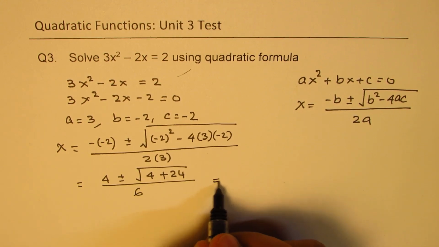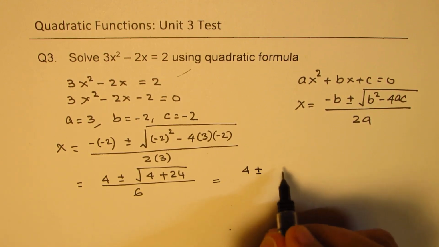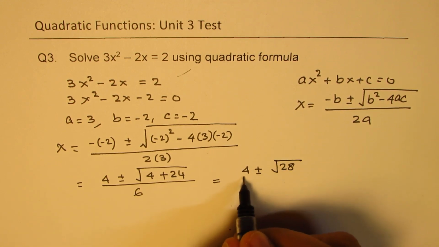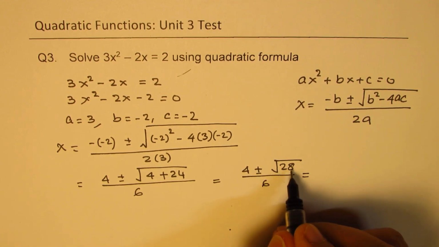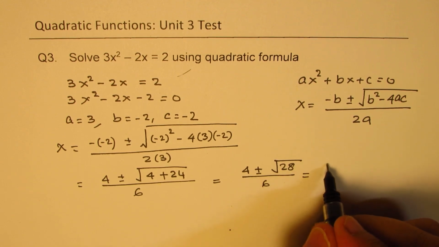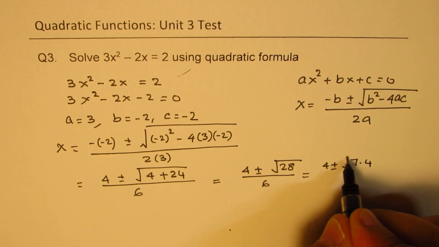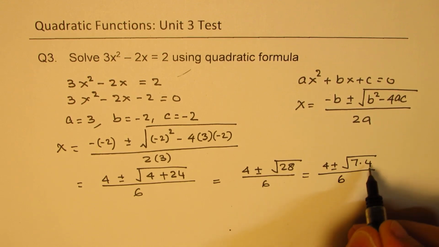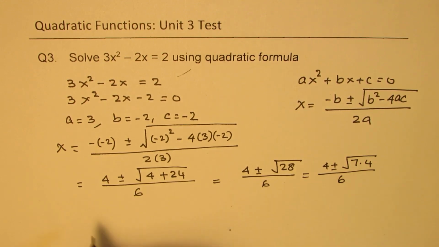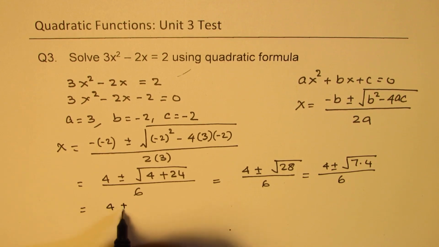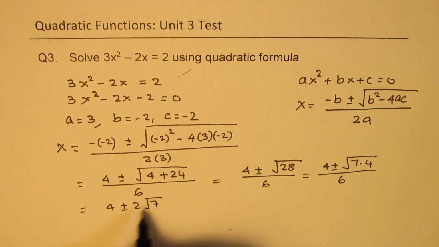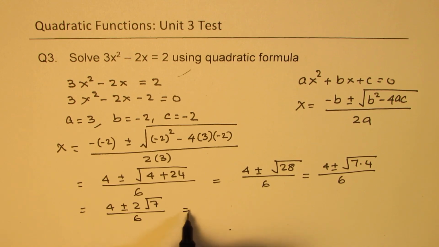Now this can be written as 4 plus or minus square root of 28 over 6. Now 28 is 7 times 4, right? So we can write this as square root of 7 times 4, which is 28. Now 4 is a perfect square, so I could write this as 4 plus or minus 2 square root of 7 over 6, right?